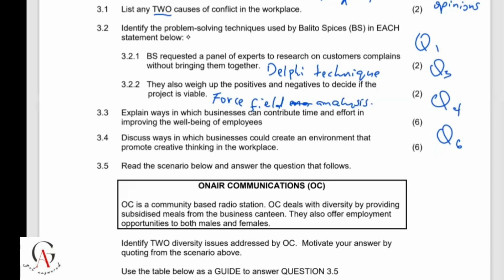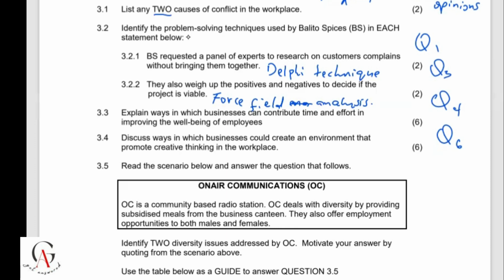Okay, right. So now let's check 3.3. Explain ways in which businesses can contribute time and effort in improving the well-being of employees. Okay, right. So now for businesses to improve the well-being of employees, they should always conduct team building sessions to improve employees' morale and also provide transport for employees who work usually long hours, as well as provide recreational facilities for employees. Okay, right.